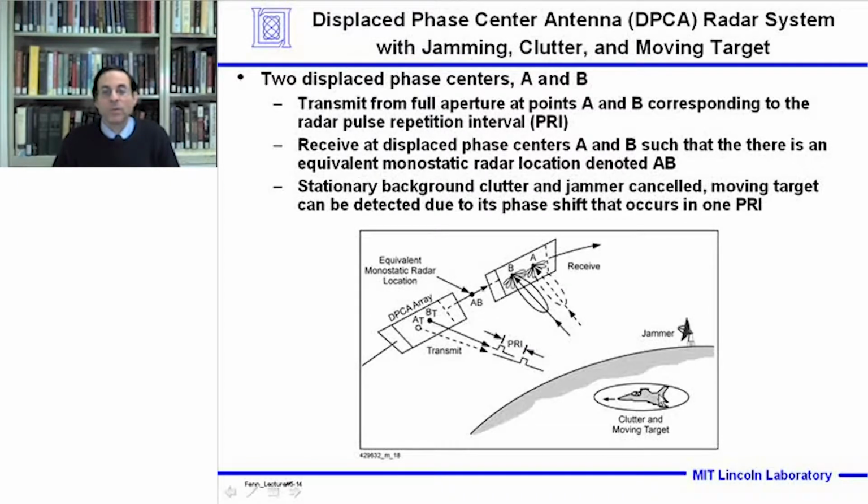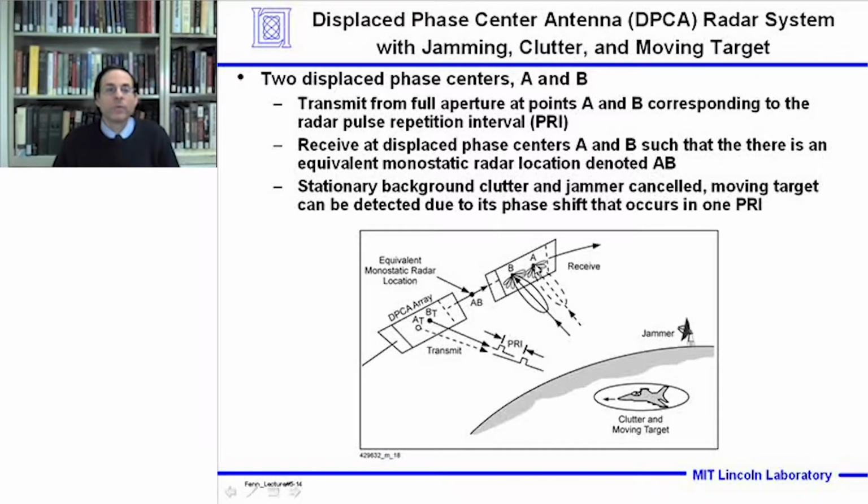We're trying to detect a moving target in the presence of stationary clutter and in the presence of jamming. So on receive, we're receiving signals from the stationary ground, the moving target, and jamming.